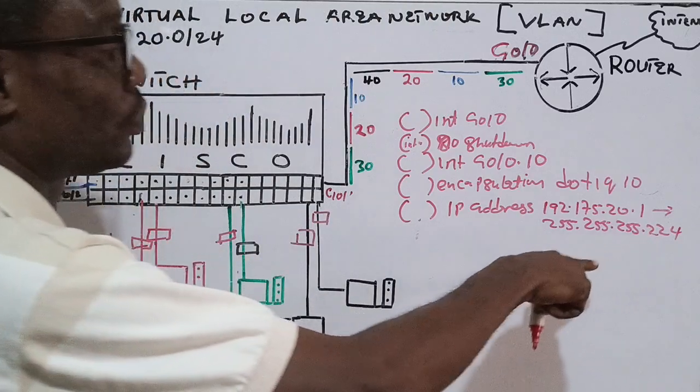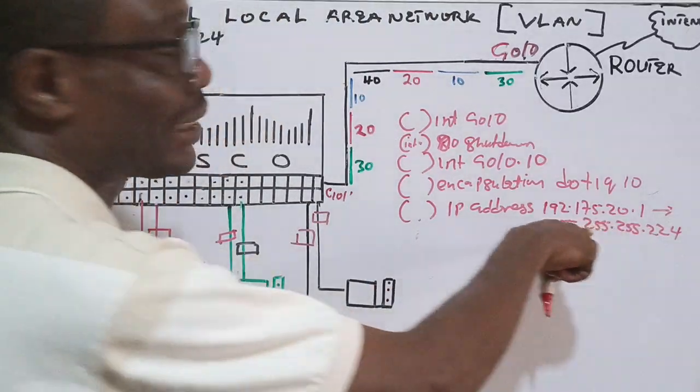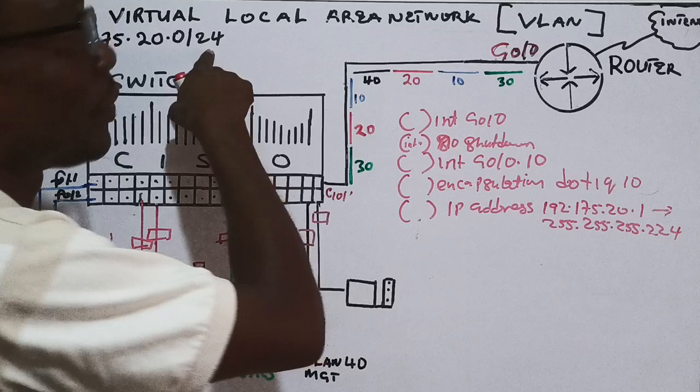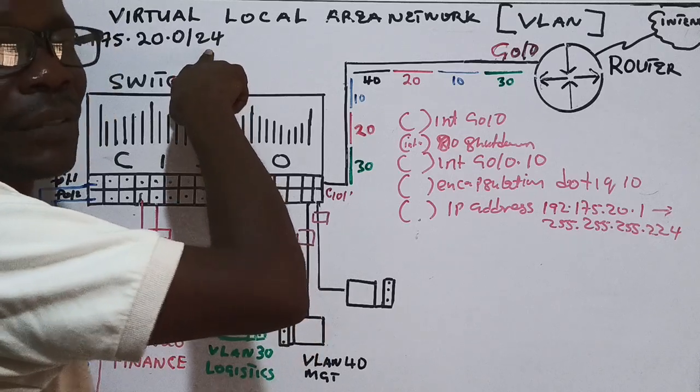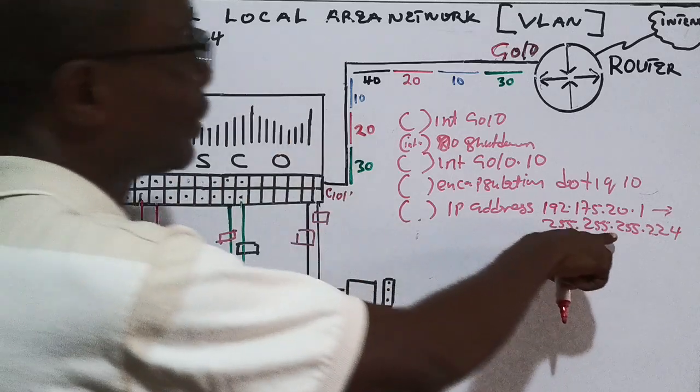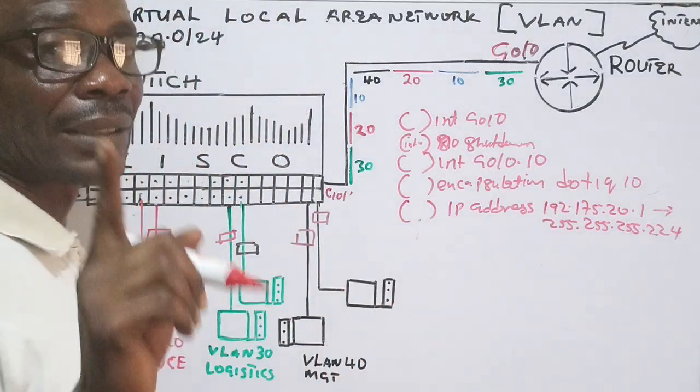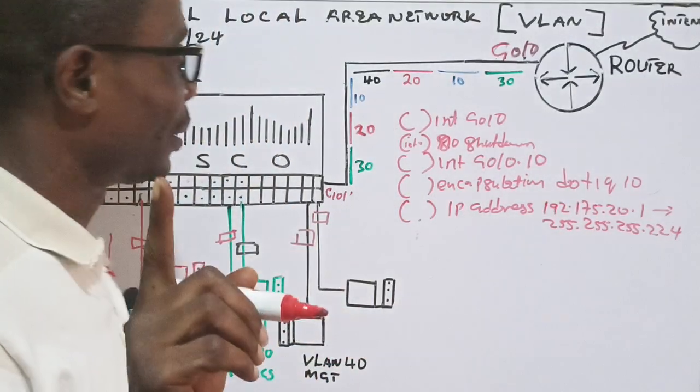This is a 27-bit mask that gives you about 30 valid hosts. The 24-bit mask gives you about 254 valid hosts. So I have subnetted it so that each subnet contains 30 IP addresses.